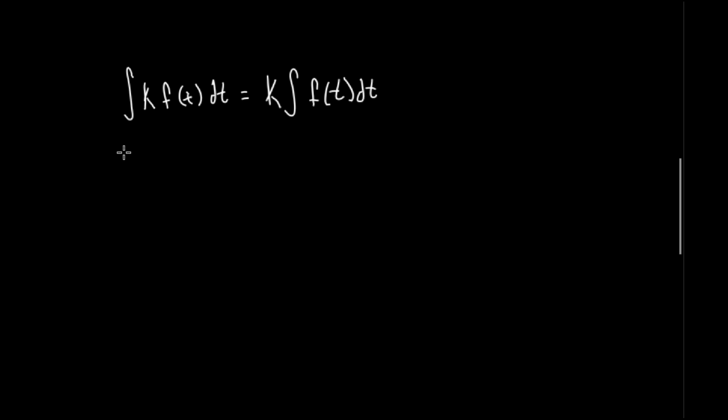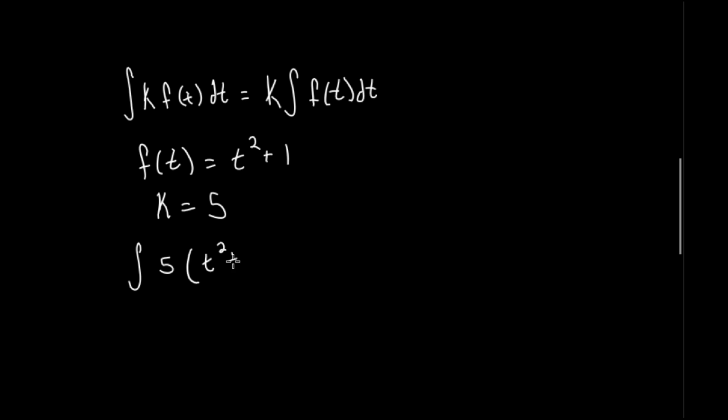For example, let's say the function of t is equal to t squared plus 1, and then our k value is equal to 5. And we have the integral of 5 times t squared plus 1. Now, you could just distribute this 5 into the t squared and the 1, but you could also just factor it out, as we've seen in the property.